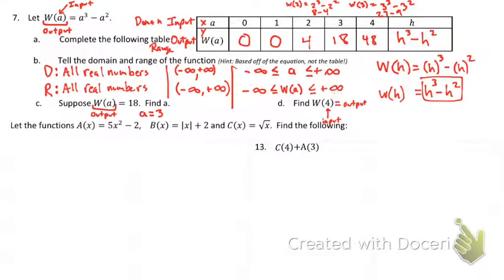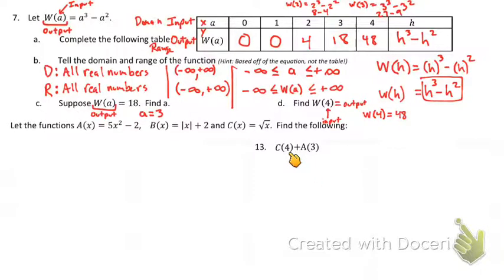It's pretty simple in the table if you did the table. When my input is 4, my output is 48. Okay? And we're done with part D. So functions are all about input, output, input, output, input, output. Okay? All right, let's jump to number 13.